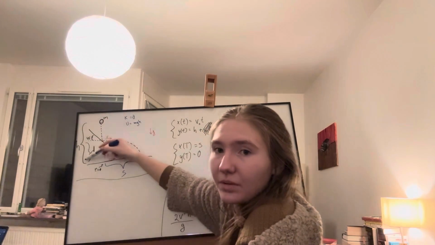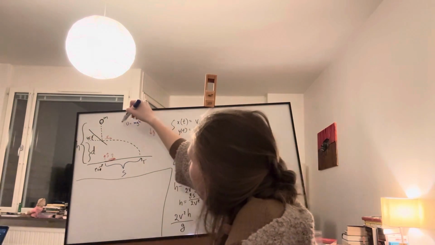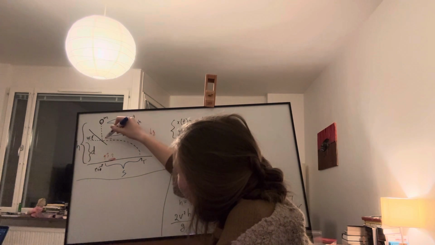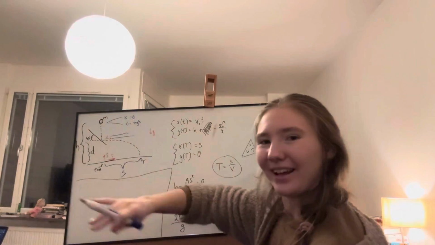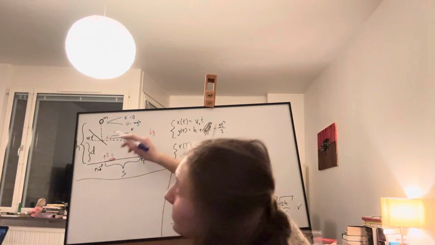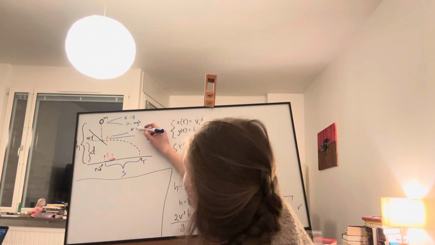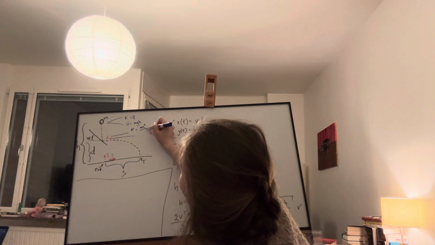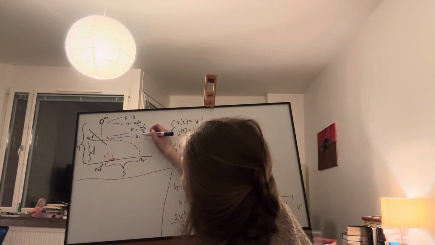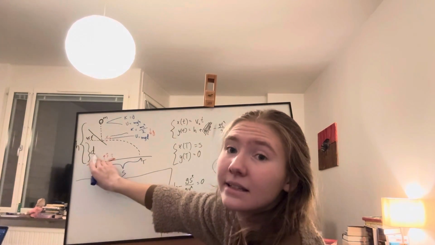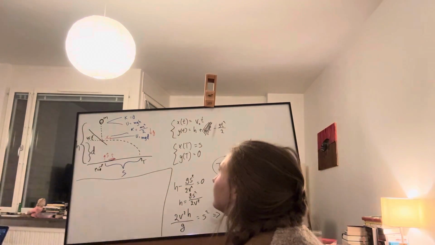Then, here, at the time of the collision, right before, the kinetic energy is present, because the ball is moving, and it's mv0 squared over 2, while the potential energy is mgd, because this is the height after the collision.